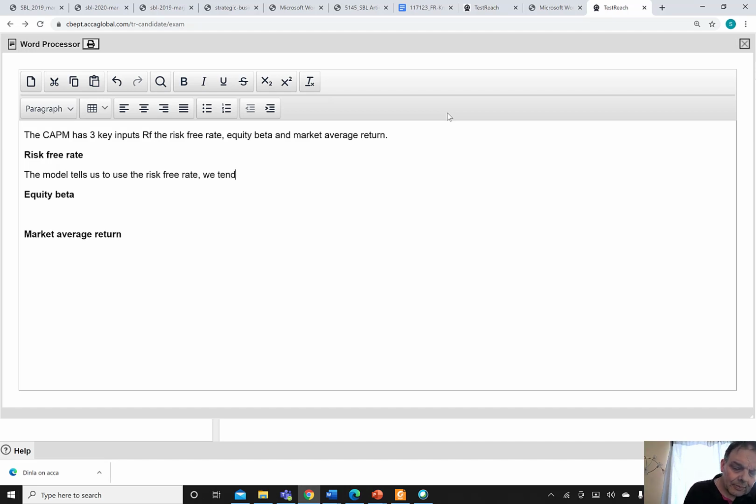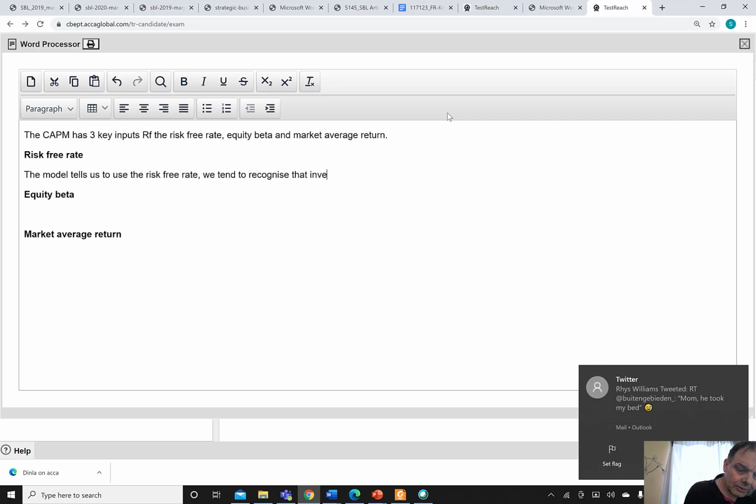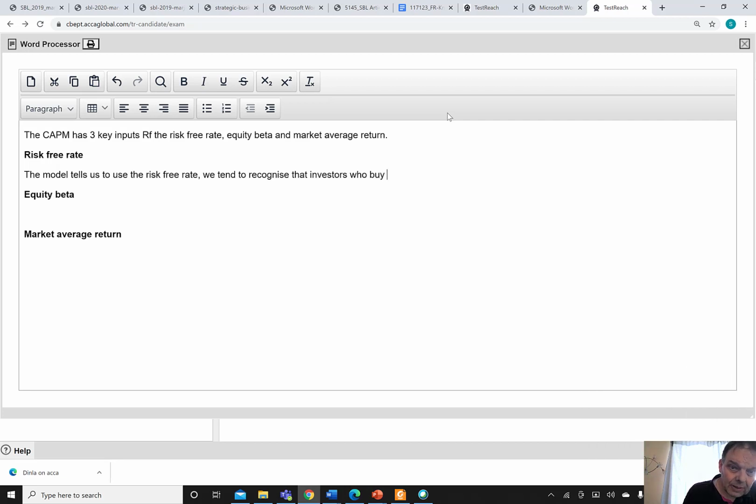We tend to recognize that investors who buy government securities such as Treasury bills do not have any risk.